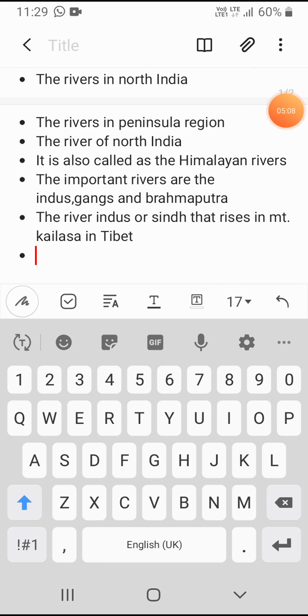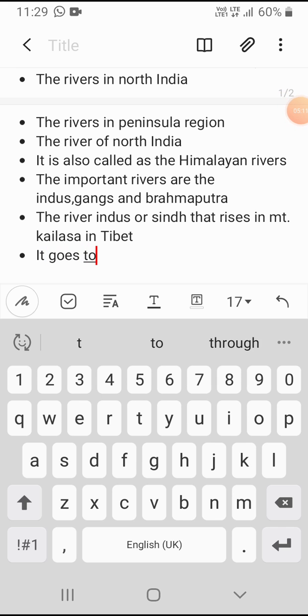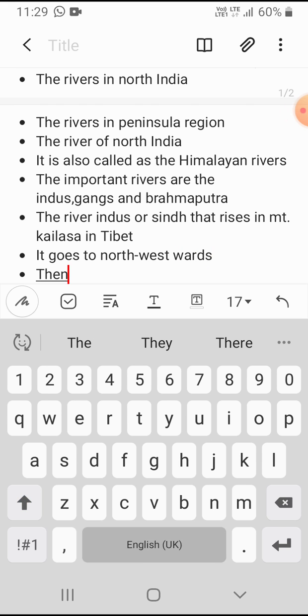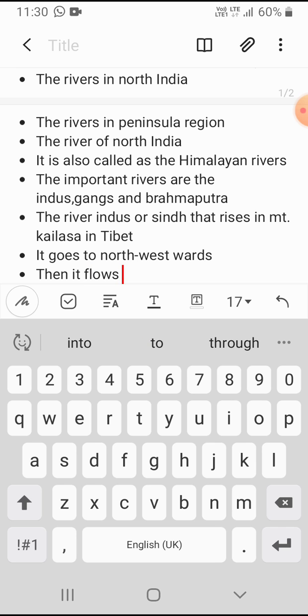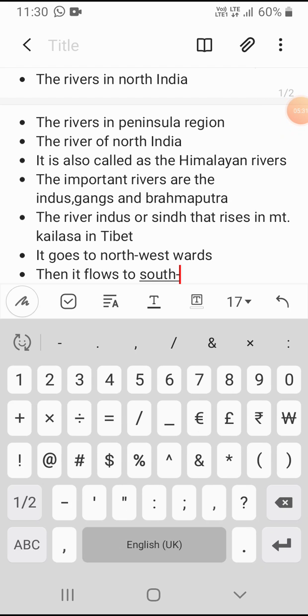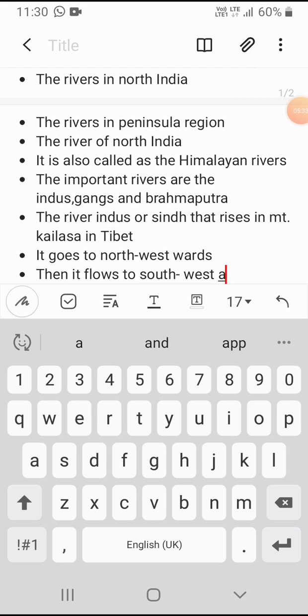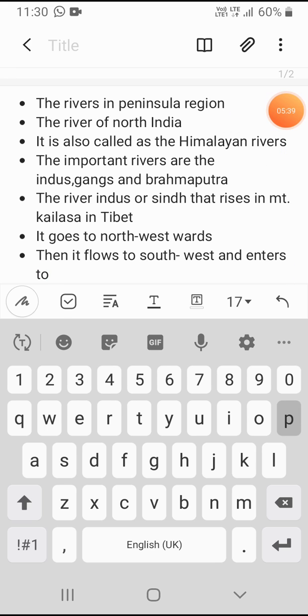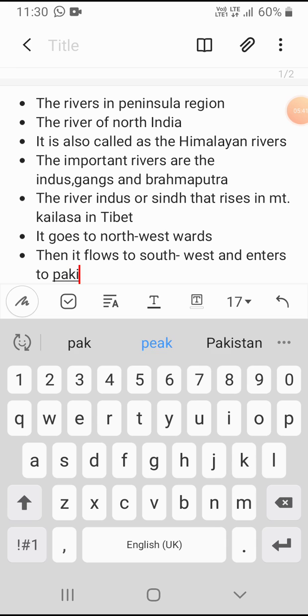It goes northwestwards, and then it flows to the southwest and enters Pakistan.